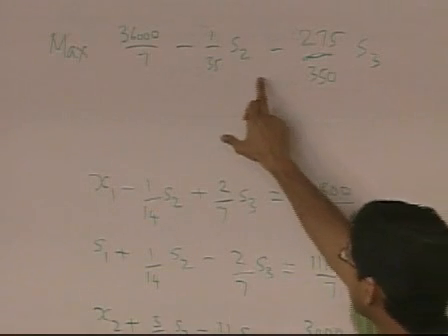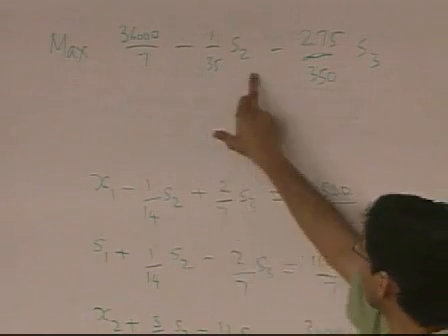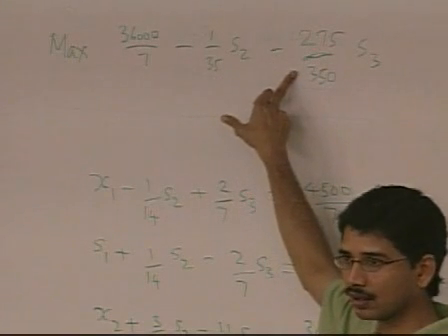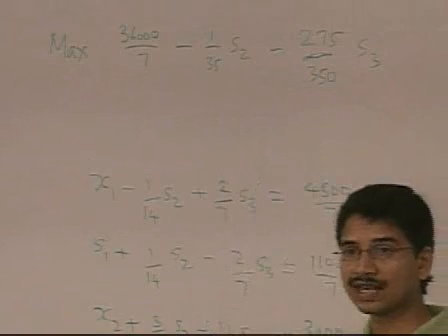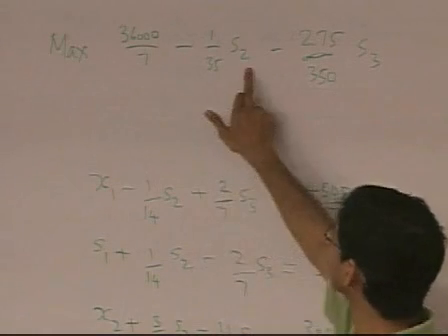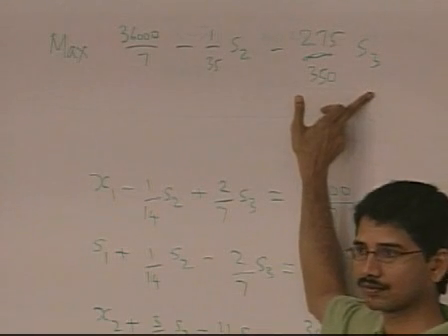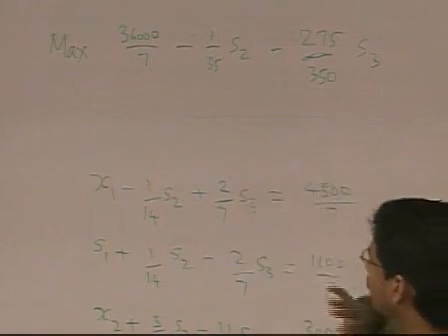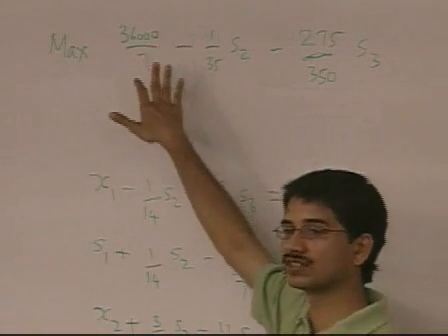Now, given that S2 and S3 have to be non-negative, and given that they appear with a negative coefficient, any positive value that I set for S2 or S3 is going to take money away from me. So the smart thing to do would be to set S2 and S3 to 0. Putting it differently, the best achievable profit in this problem is going to be 36,000 over 7.